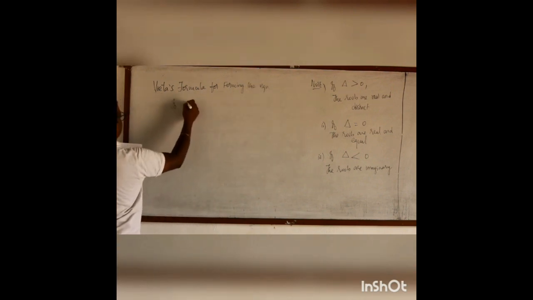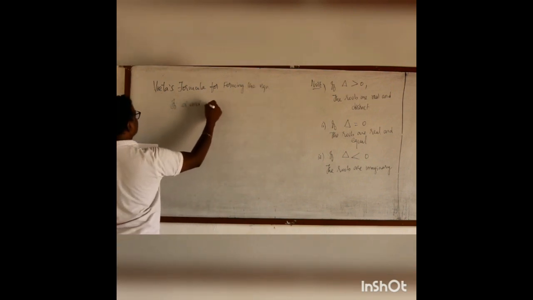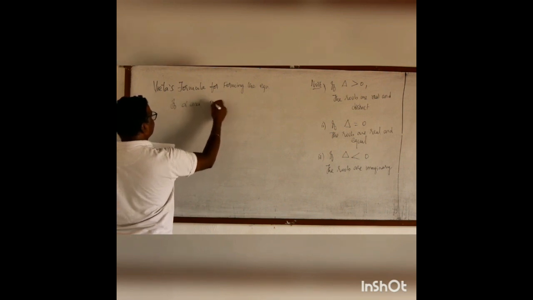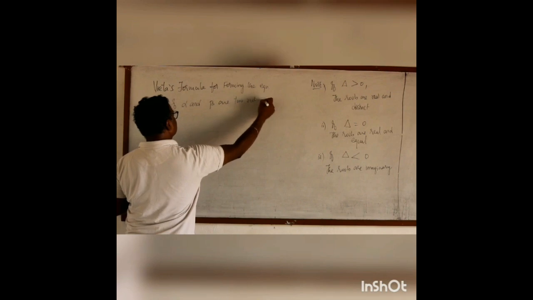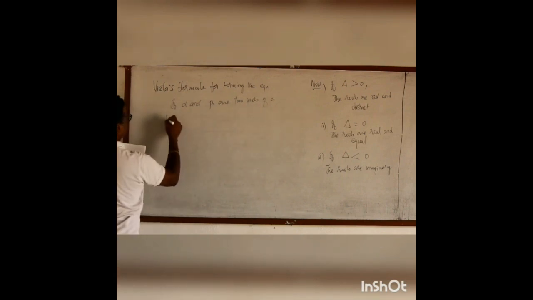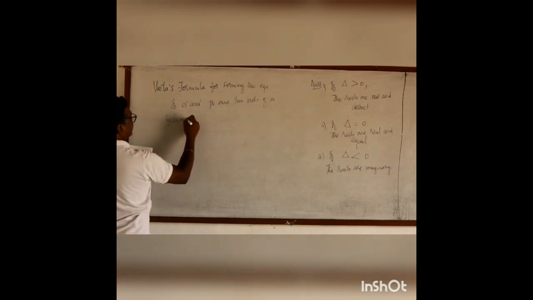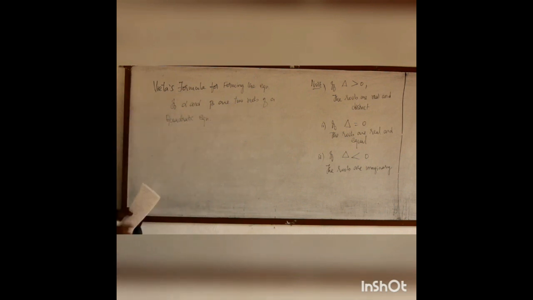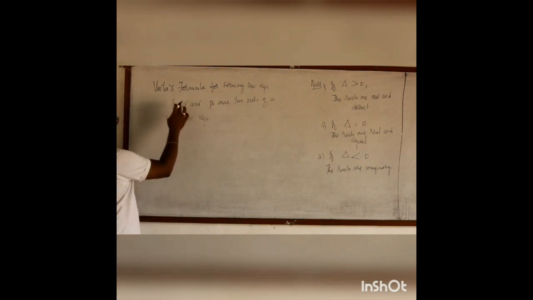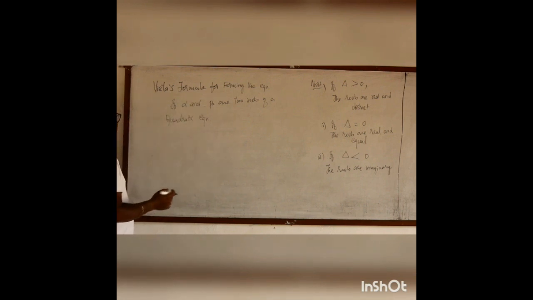If alpha and beta are two roots of a quadratic equation, we know there are two roots for a quadratic equation, we shall name them as alpha and beta.